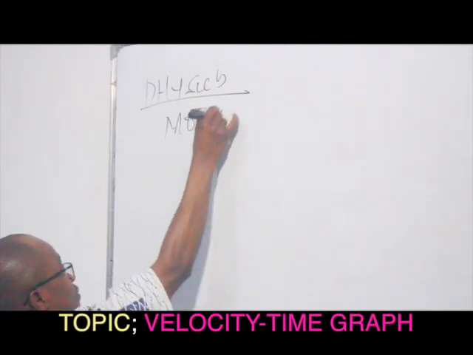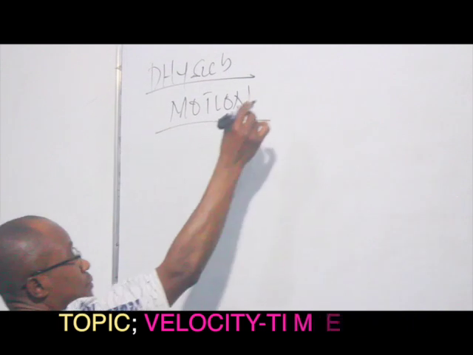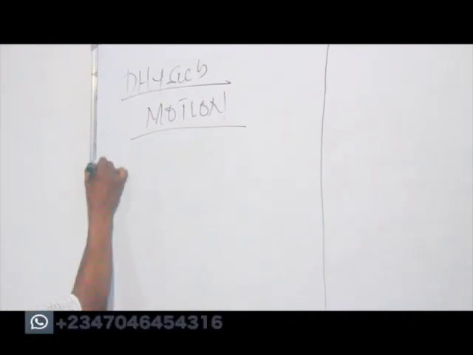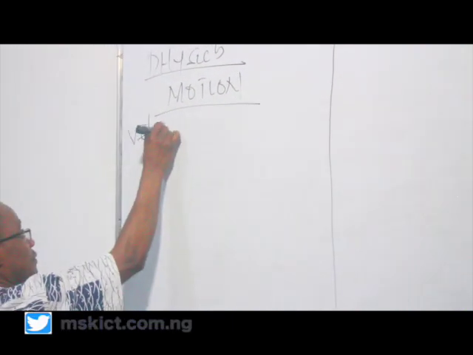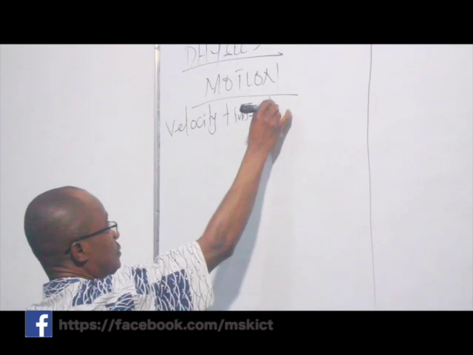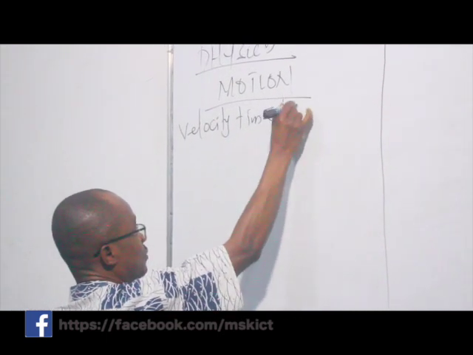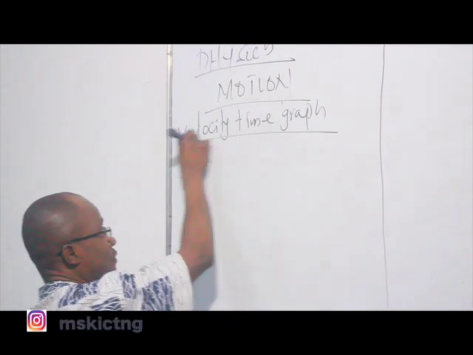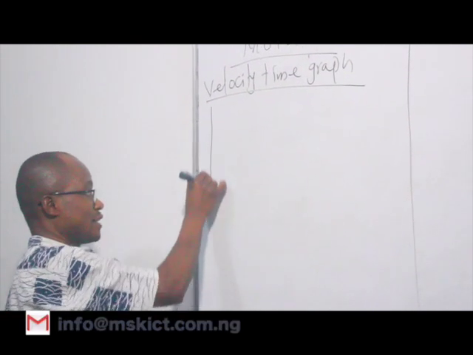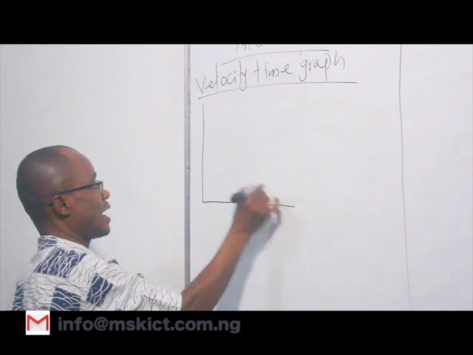Motion. Velocity-time graph. In the velocity-time graph, we have the coordinates, that is the y and x axis.